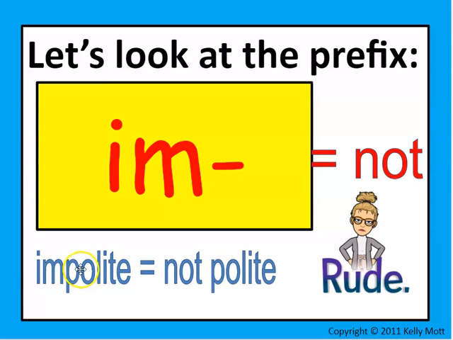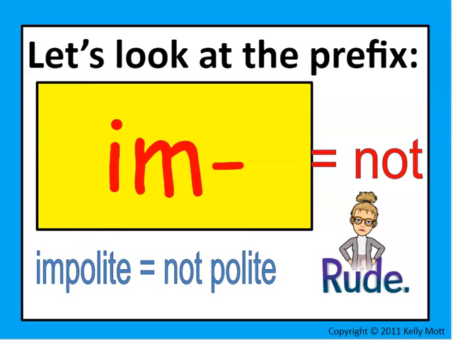So if you looked at the word polite, polite means to have manners. If we put im in front of it, impolite, it means that you are not polite, you are rude. Okay, so it completely switched that word around. Okay, so give me an example of a word that has im in front of it as a prefix.